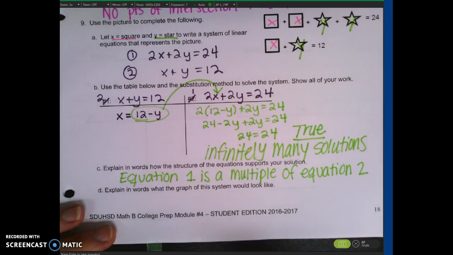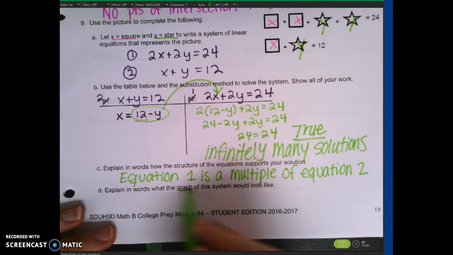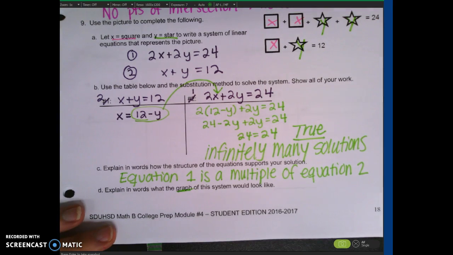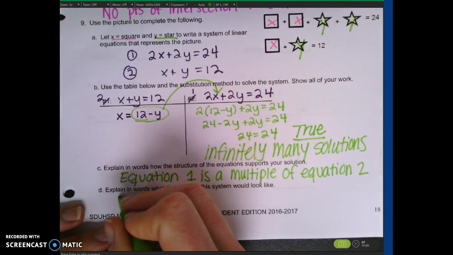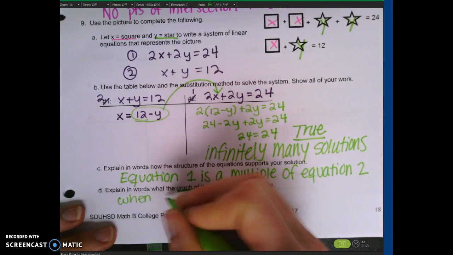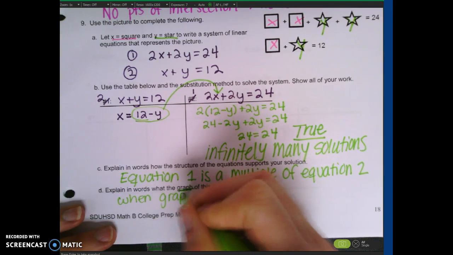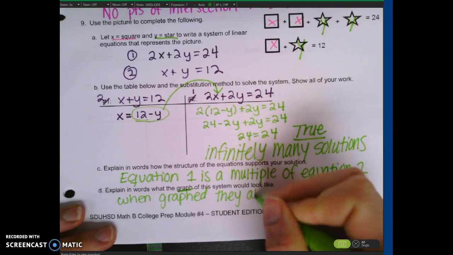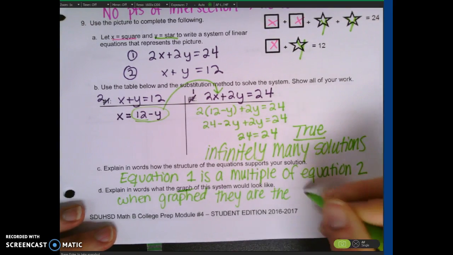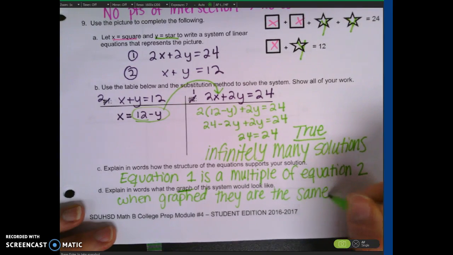If they're the same equation, what do you think the graph of this system would look like? They're the same equation, so when graphed, they are the, you guessed it, same line.